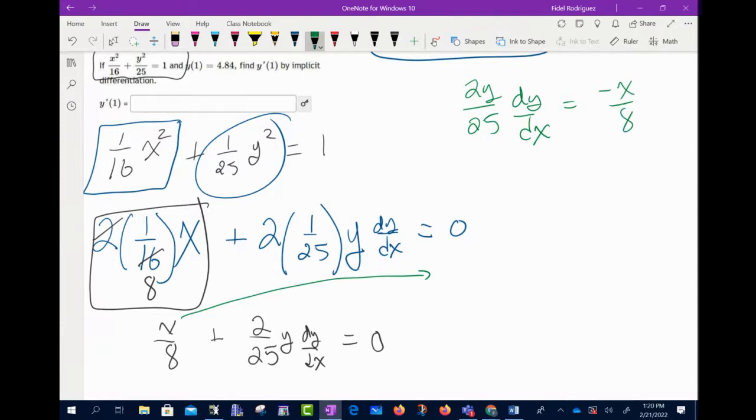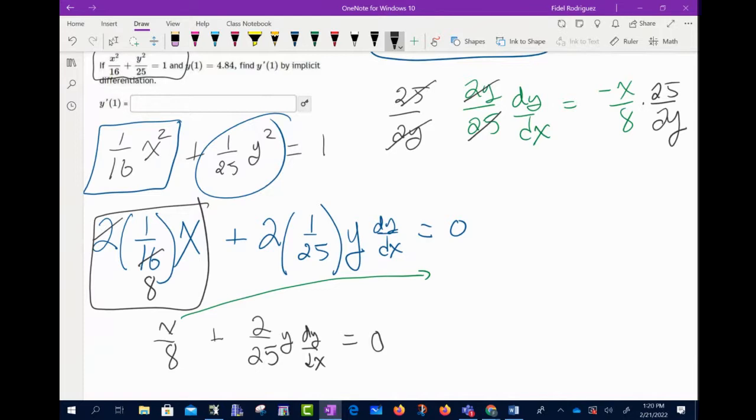Okay. Now, what do we need to get rid of? We got to get rid of the 2y over 25. Let me ask you a question. Can we do this on both sides? Can I multiply by the reciprocal so that those 2 y's will cancel and those 25's will cancel?